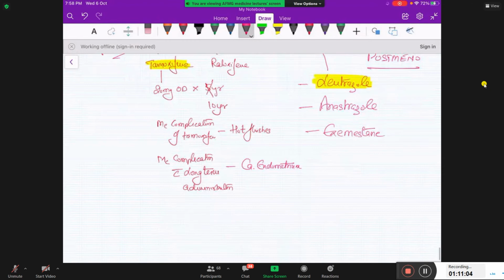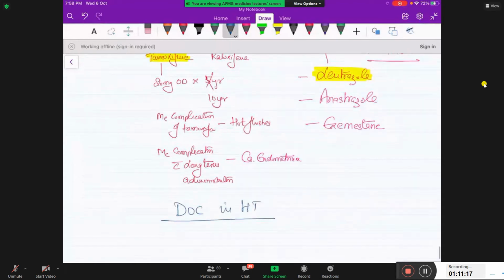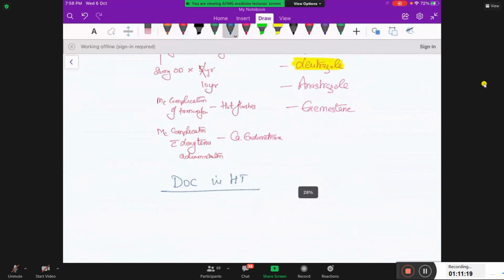Now, a very important point, which they keep asking in your exam, is a change in the guidelines. If you are asked what is the drug of choice in hormone therapy in premenopausal patients, what will be your answer? Without any confusion, it is tamoxifen.